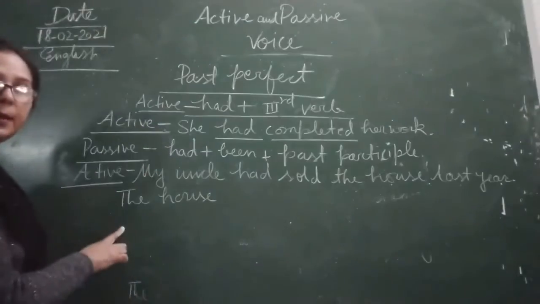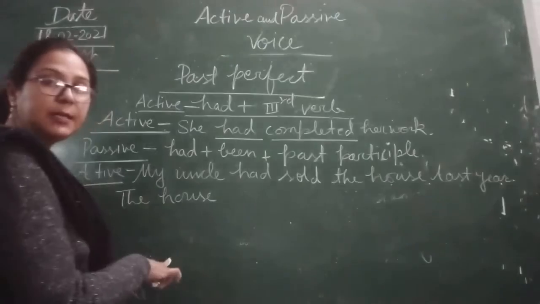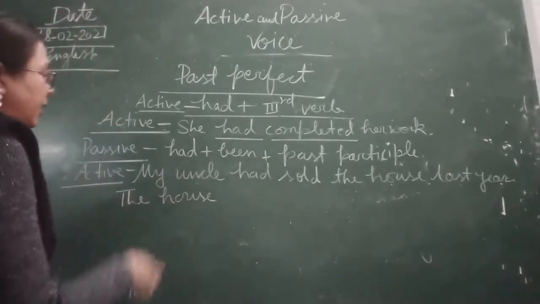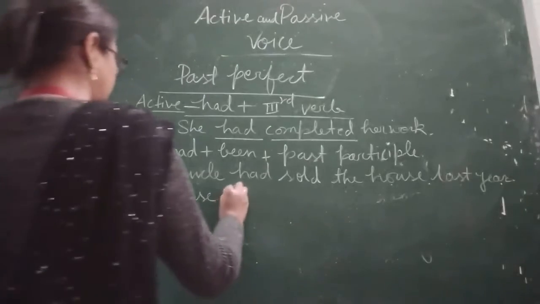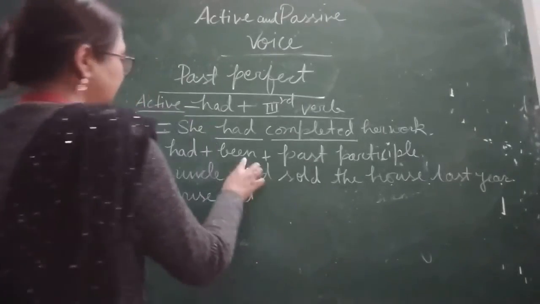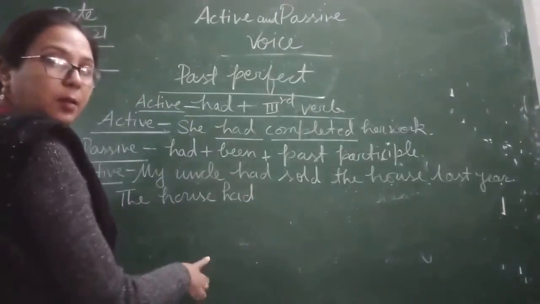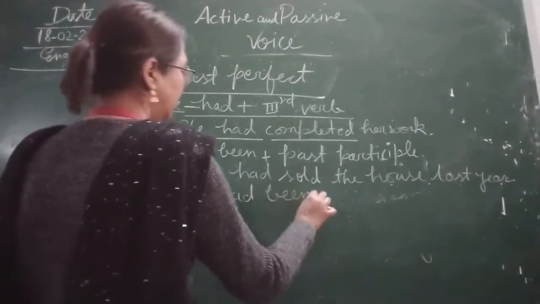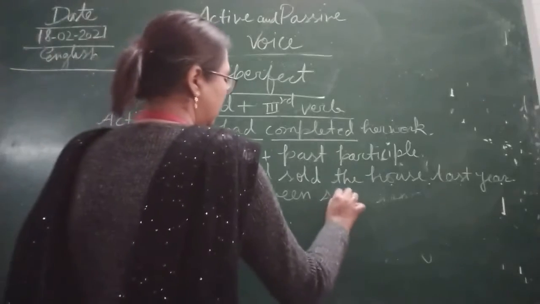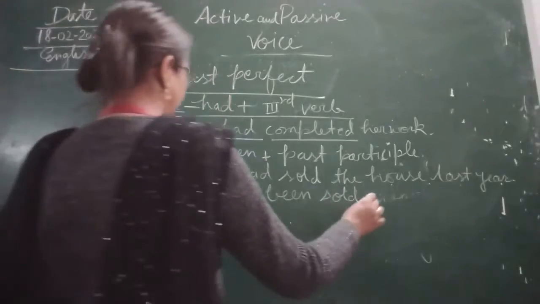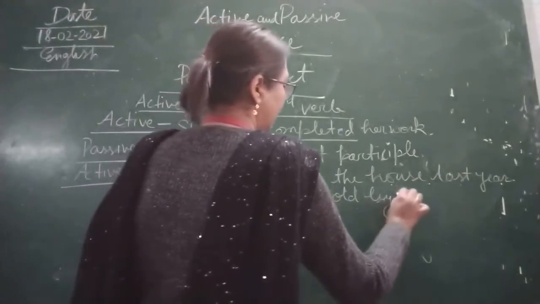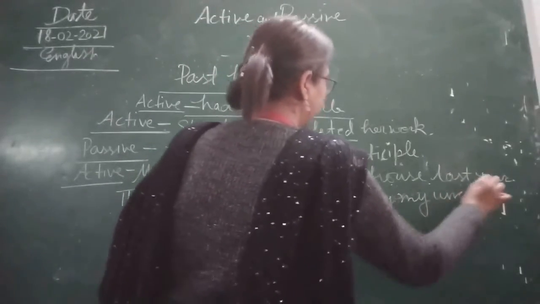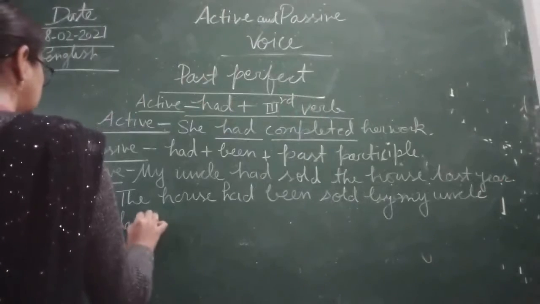This is singular, but because this is in the past perfect tense, we are not going to change the auxiliary verb. That is why we will use had, and then what is there? Been we will use. The house had been sold by my uncle last year.